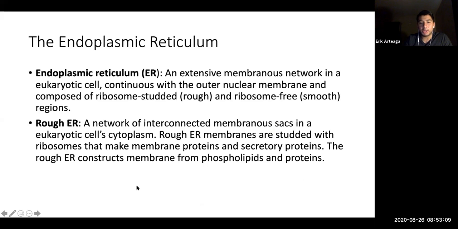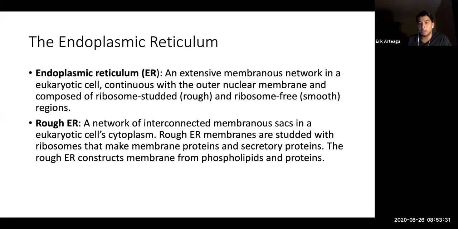So the endoplasmic reticulum is an extensive membranous network in the eukaryotic cell, continuous with the outer nuclear membrane and composed of ribosome-studded and ribosome-free smooth regions, right? The rough ER is a network of interconnected membranous sacs in a eukaryotic cell's cytoplasm.